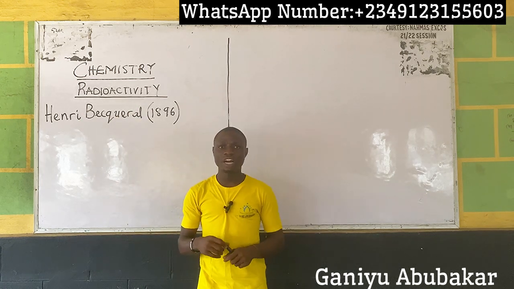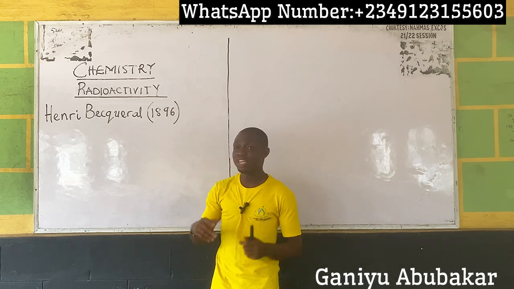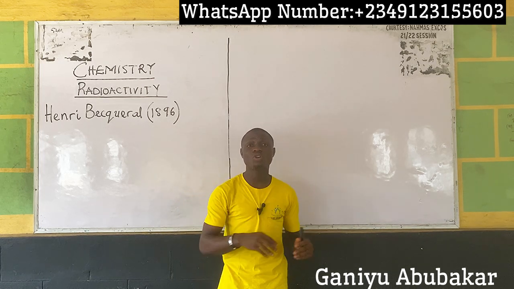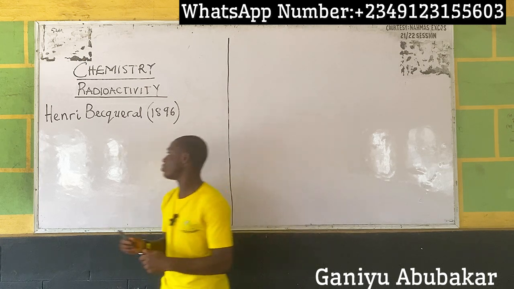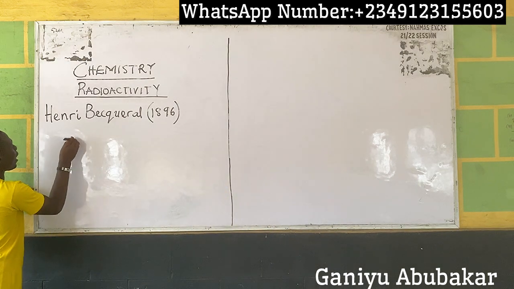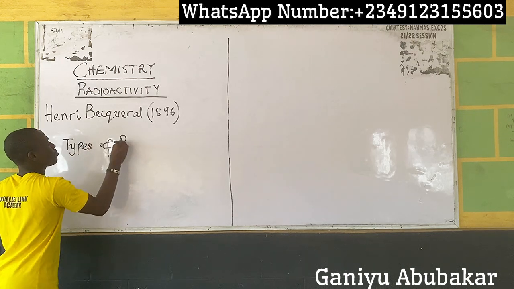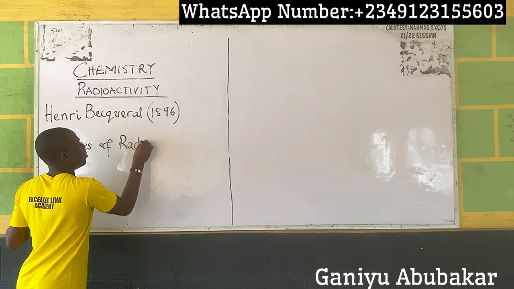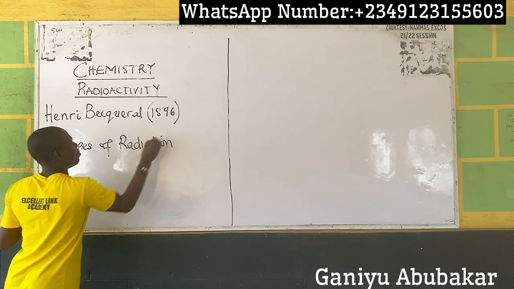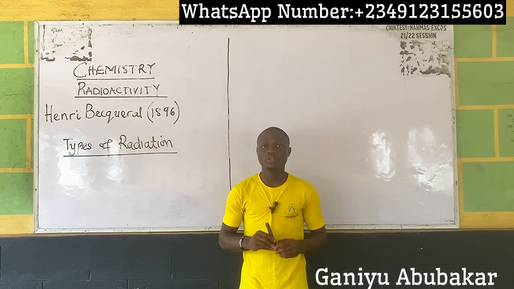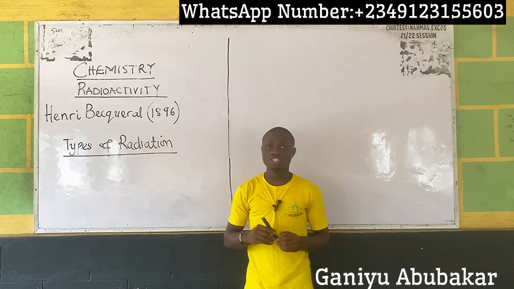1896. All right, having explained the introduction to radioactivity, let's proceed to the next concept, called types of radiation.